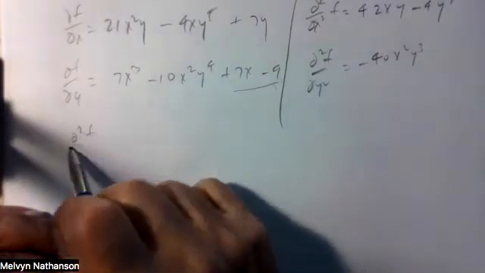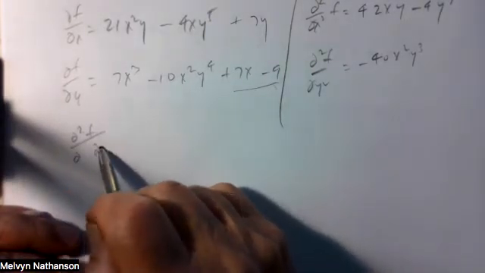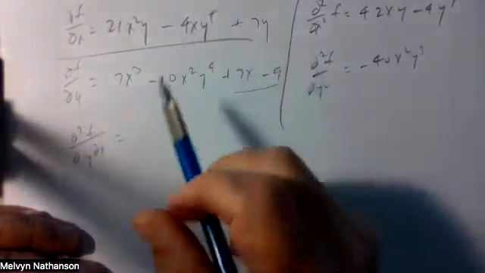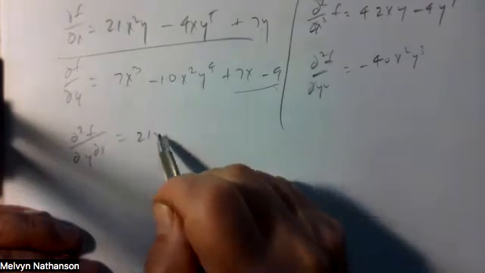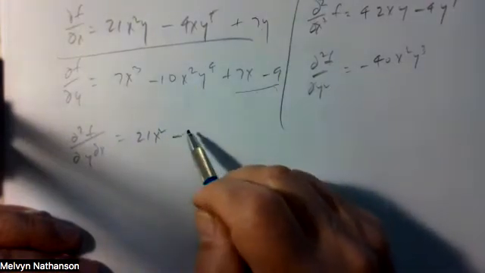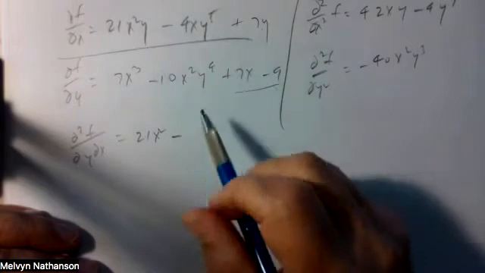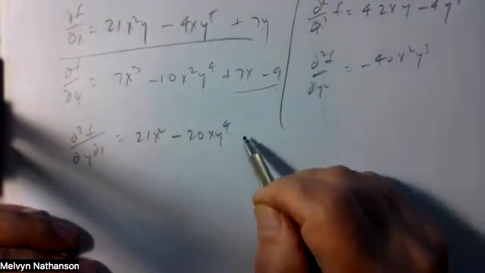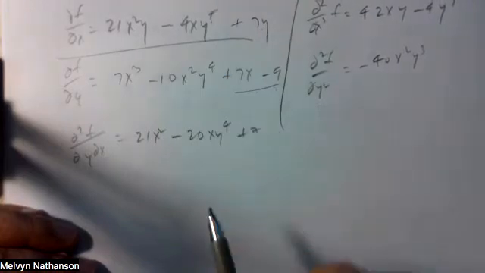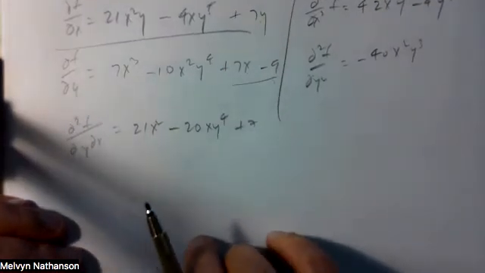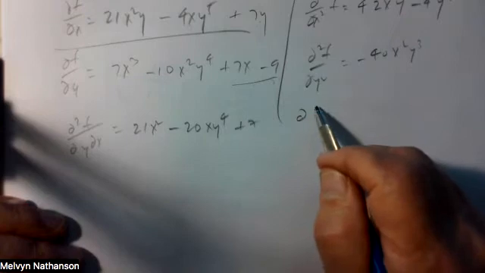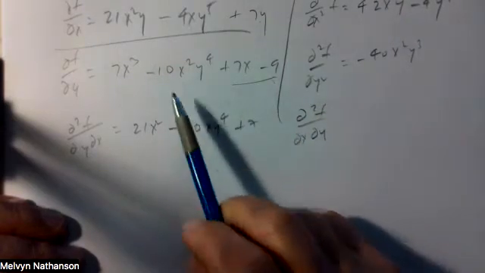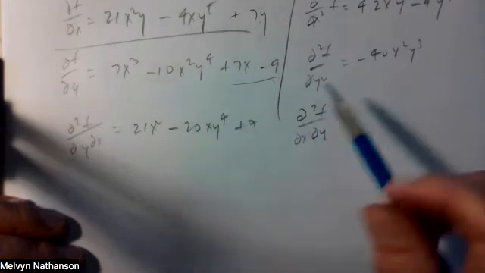If I take the partial of f first with respect to x and then with respect to y, I'm differentiating this with respect to y. I get 21x squared minus 4x times 5y to the 4th, minus 20xy to the 4th plus 7. And if I differentiate f first with respect to y and then with respect to x, I'm differentiating this with respect to x.